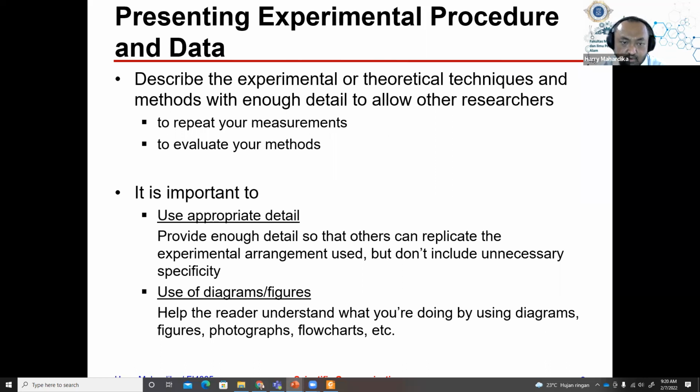Okay, so it is important to provide enough detail so that others can replicate the experiment, and the use of diagrams and figures helps the reader understand what you're doing, using diagrams, figures, photographs, flowcharts, and so on.